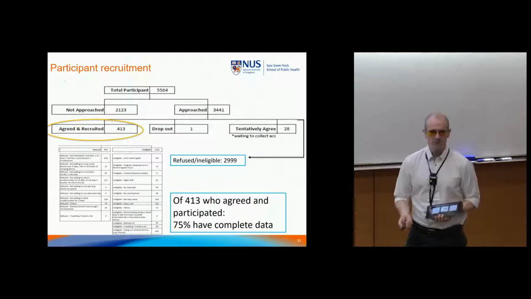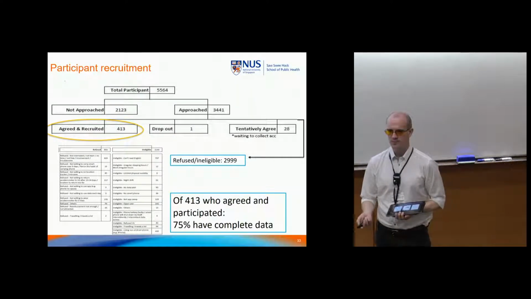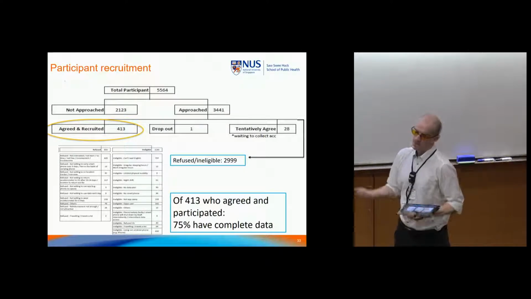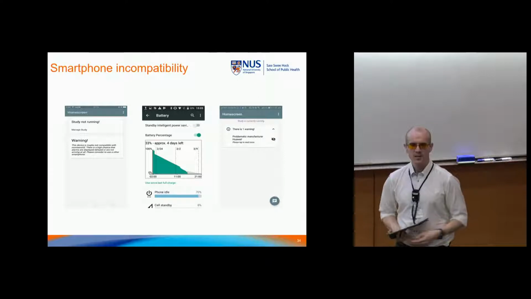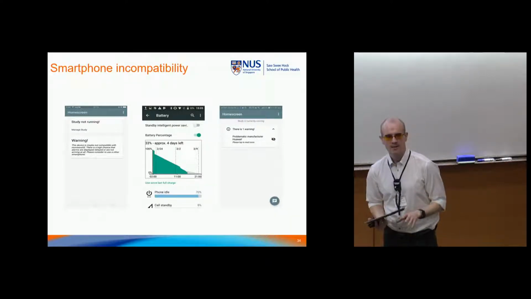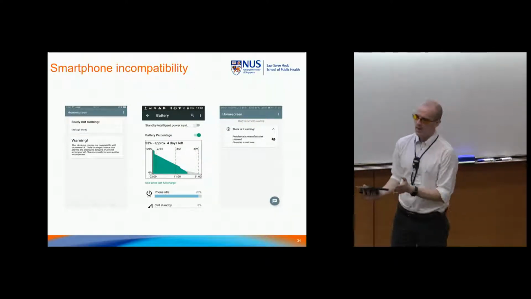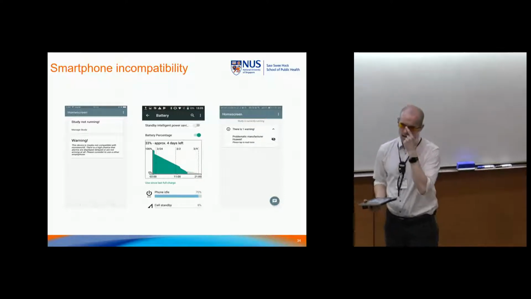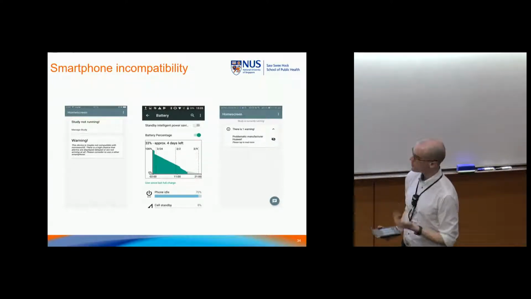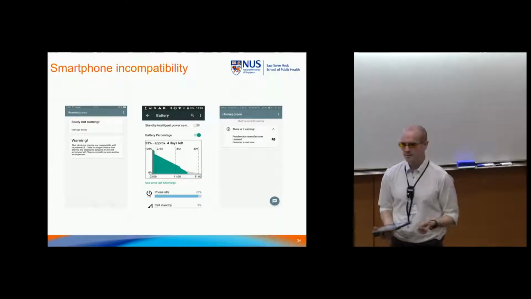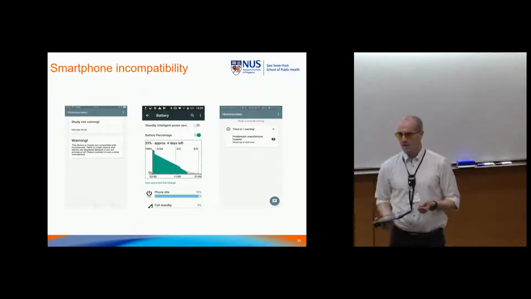One important issue that we encountered that we also didn't anticipate beforehand, maybe because we were naive at the beginning, was smartphone incompatibility. Beyond the fact that we cannot include iPhone smartphones, a lot of smartphone types are incompatible with the software we're using here, but also with other software we've been trying to use.